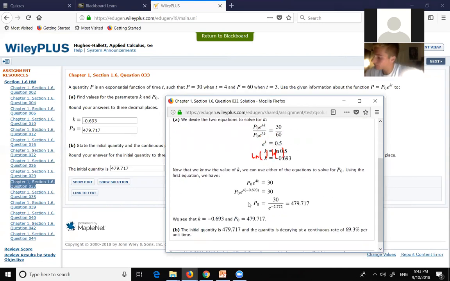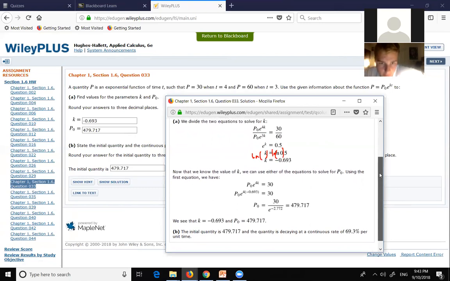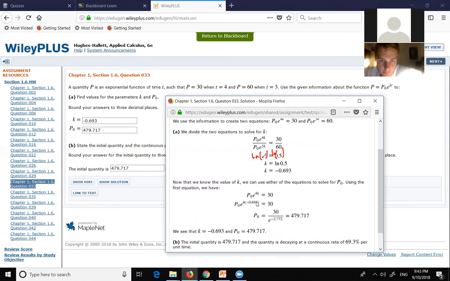And now your k is minus 0.693. And you can find P naught by dividing 30 by the whole thing on the left side here to isolate for P naught. And that should give you 479.717.